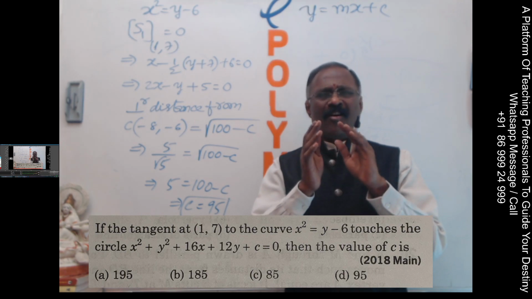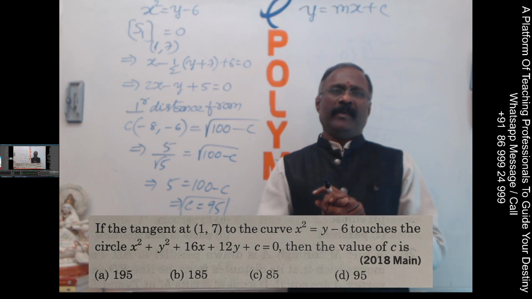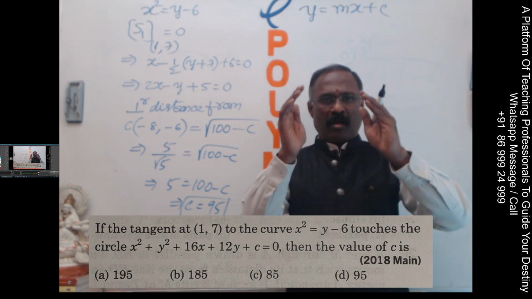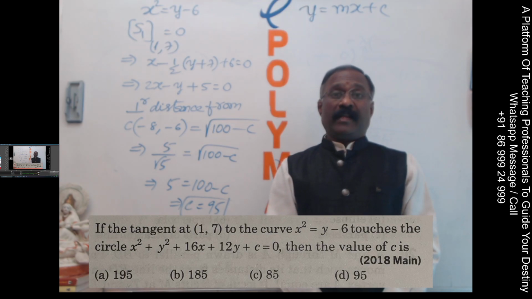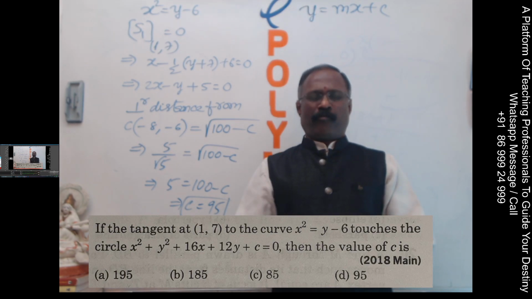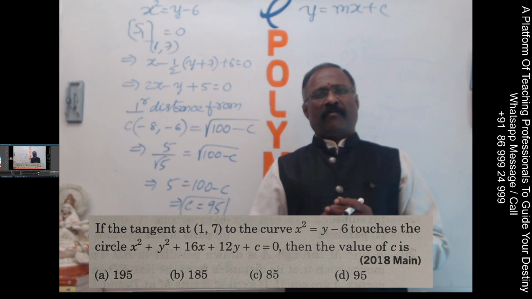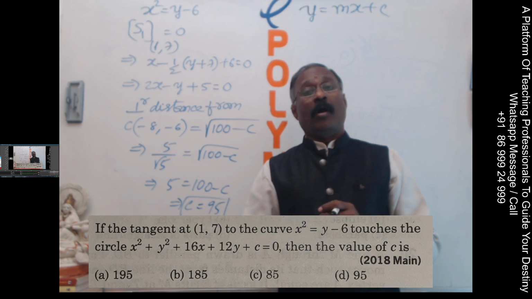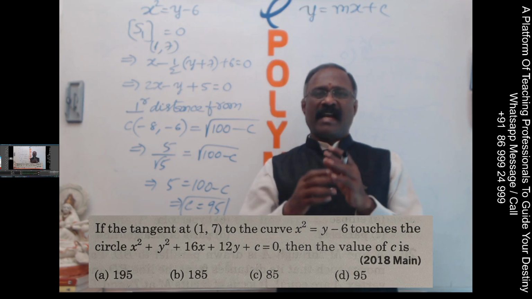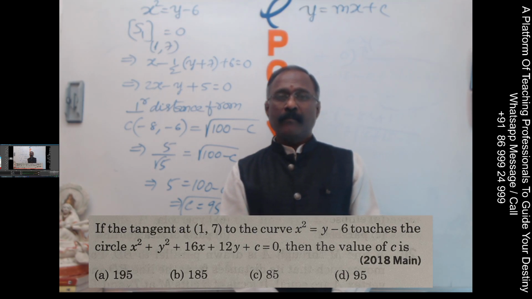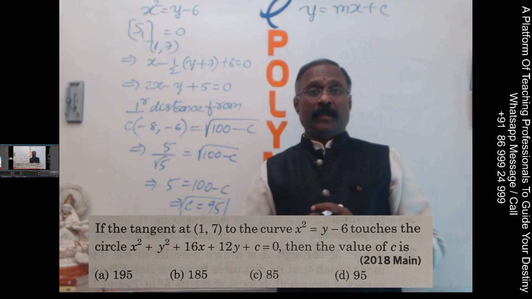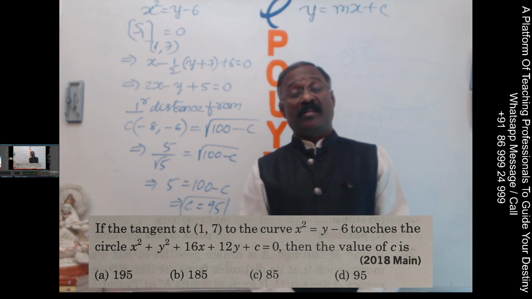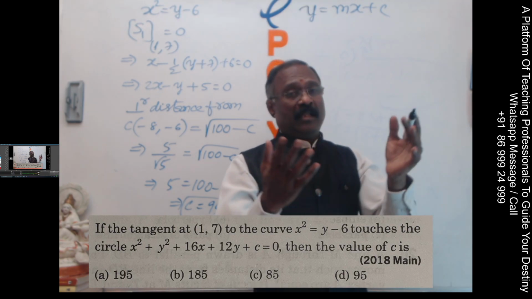And there are limitations for that line. What are the limitations? Y is equal to mx plus c represents a non-vertical line. For example, to find out the equation of any line, in this case a common tangent, if you consider the common tangent as y is equal to mx plus c, and if the common tangent is a vertical line, then you don't get the answer.